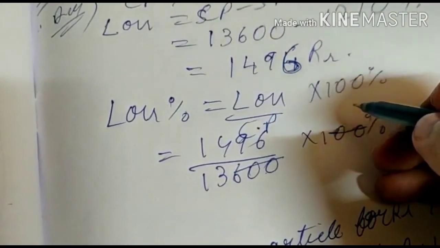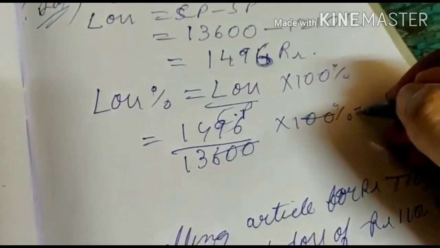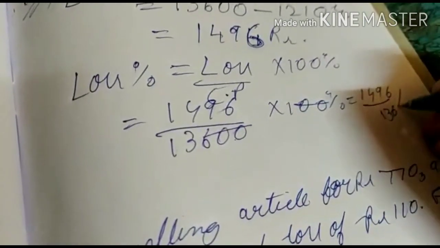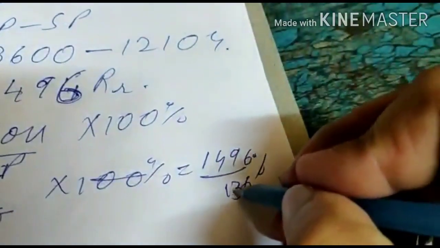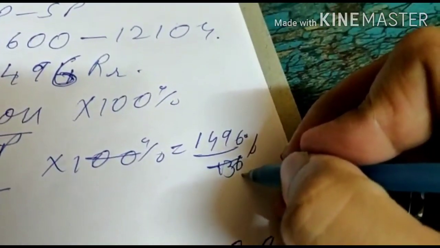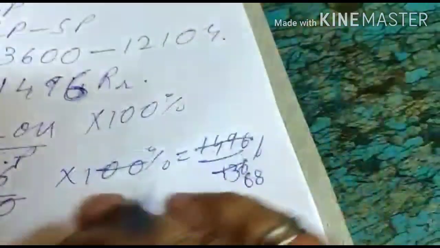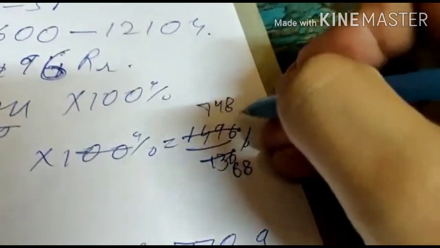We try to cut it by 2s. We will get 68. Again by 2, we will get 748.